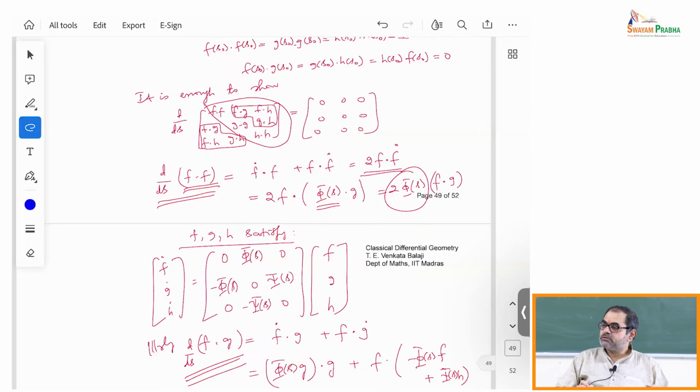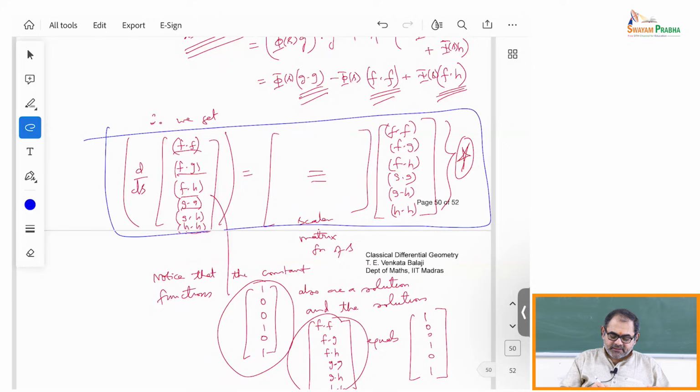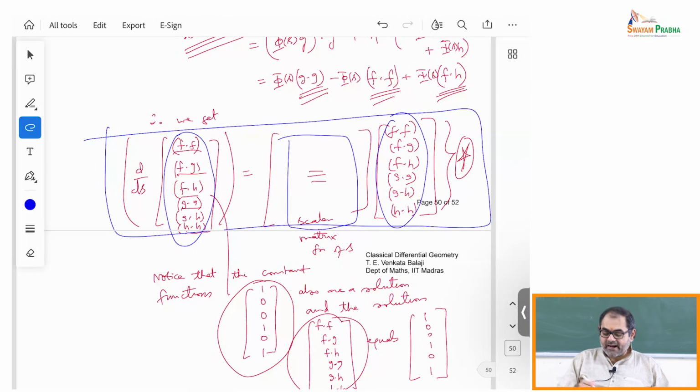You had the derivatives of the 6 dot products equal to a matrix times those 6 dot products. And you are getting this matrix because of the fact that F, G and H satisfy the differential equation. So the derivatives of these 6 dot products are again linear in the 6 dot products.